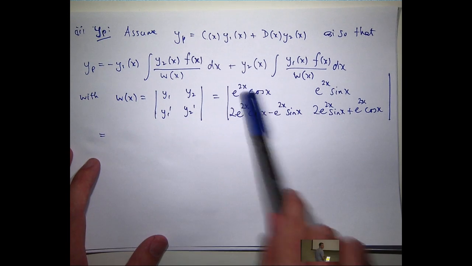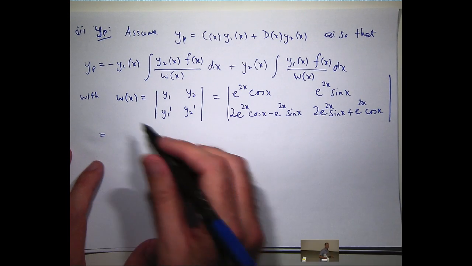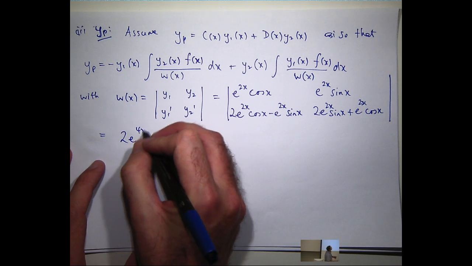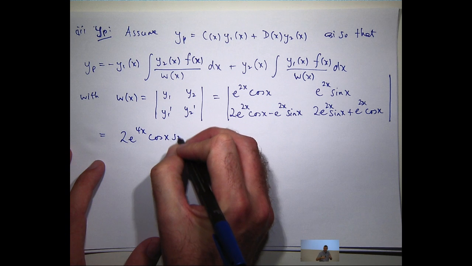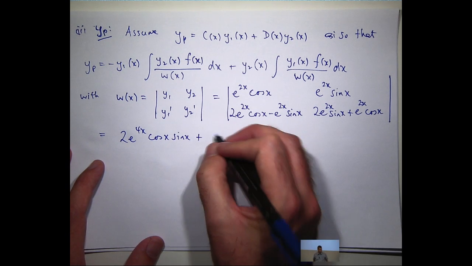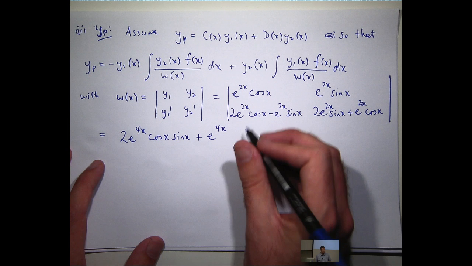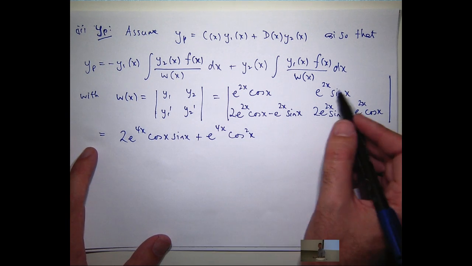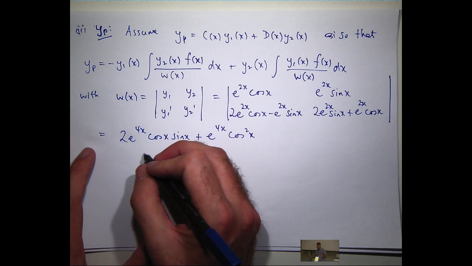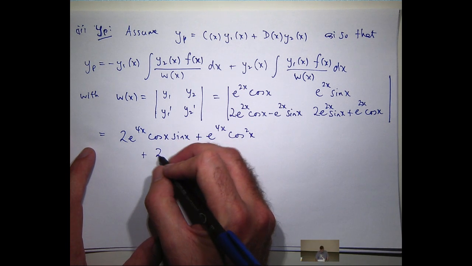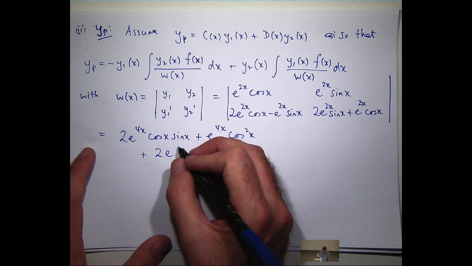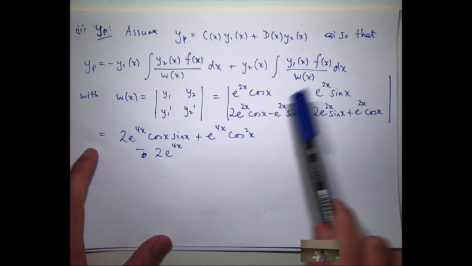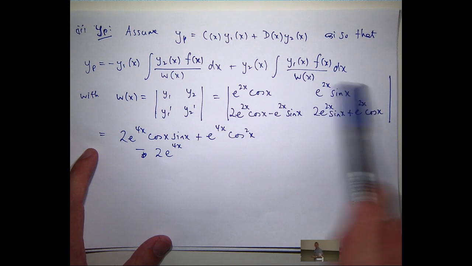So if I expand that, I'm going to get something like 2e to the 4x cos x sine x plus e to the 4x cos x all squared, and then this times all of this. Oh, sorry, that should be a minus. So it's that times that minus this times this.